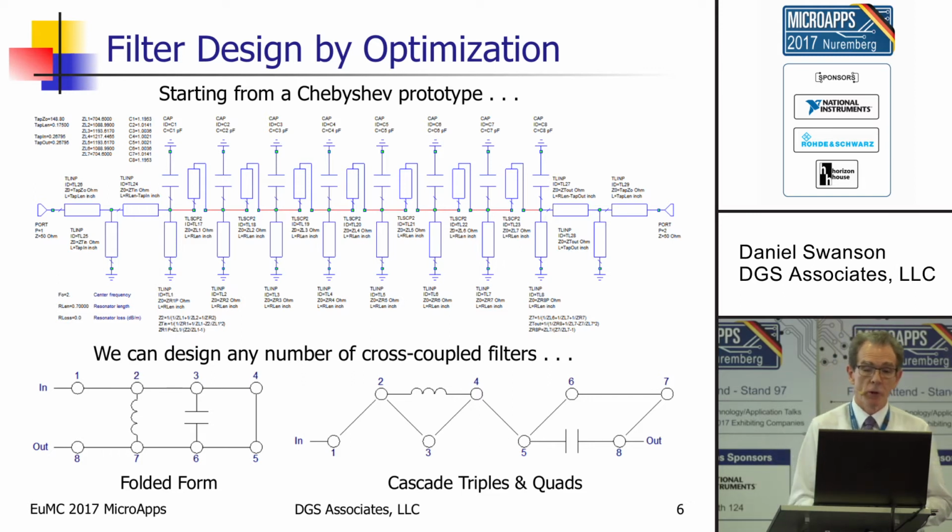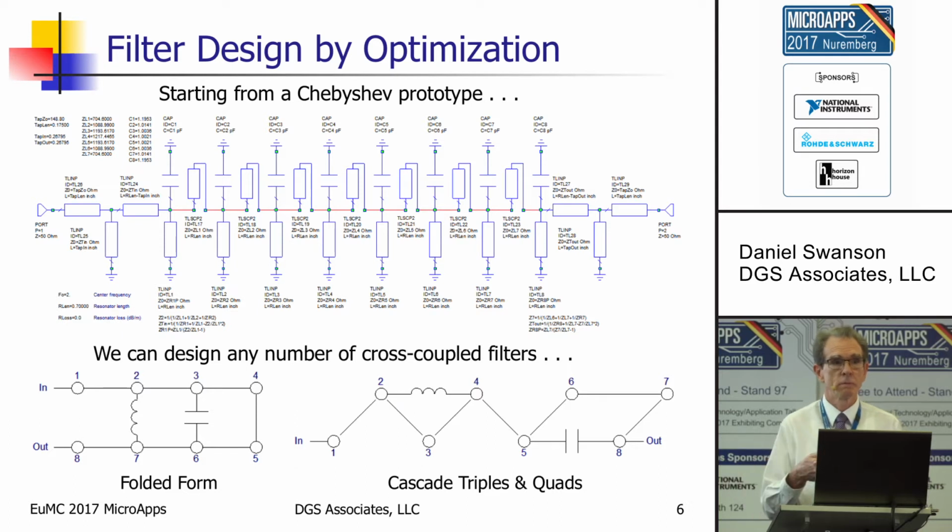And so starting from this starting point, we can then add cross couplings to this circuit simply by putting an element in place and adjusting the value of the element so the coupling is very weak, and then we gradually increase the strength of that coupling and optimize along the way as we're going.